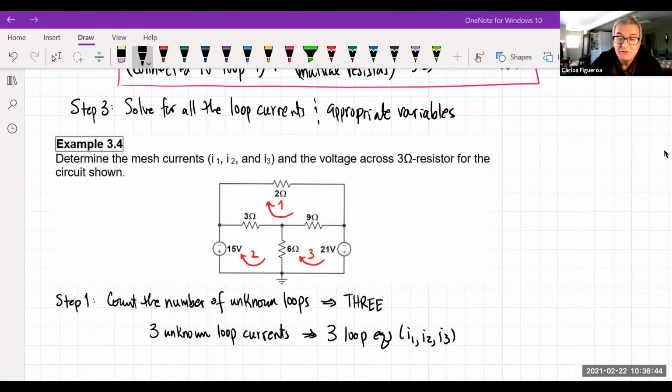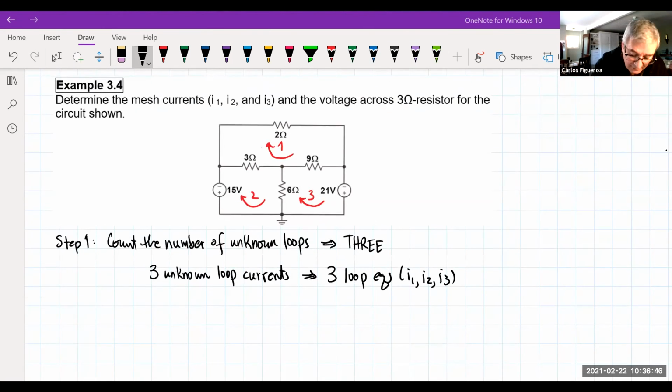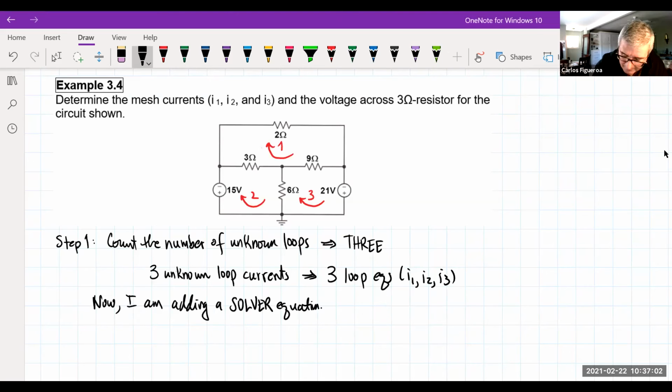So now I am adding a solver equation. When you look at the voltage across the 3 ohm resistor, that's something that's being asked. They're asking, calculate the voltage across the 3 ohm resistor.